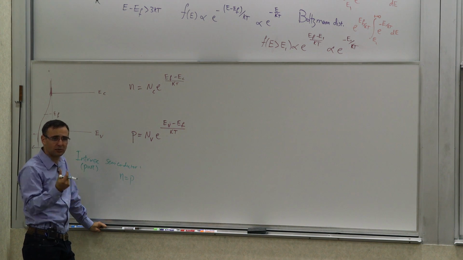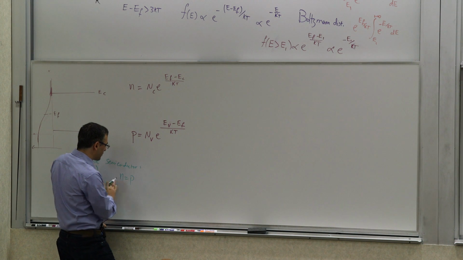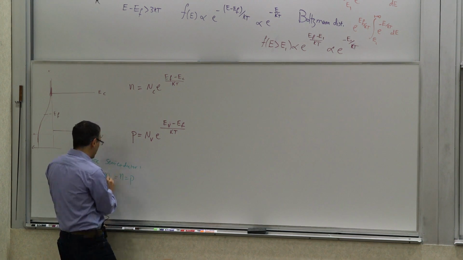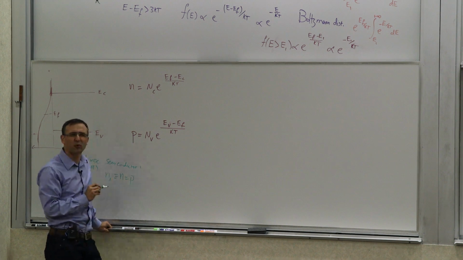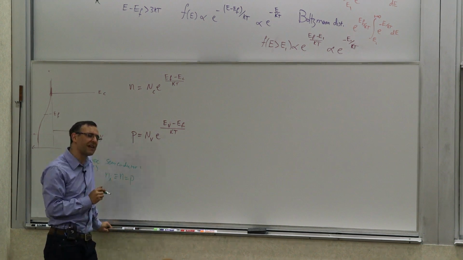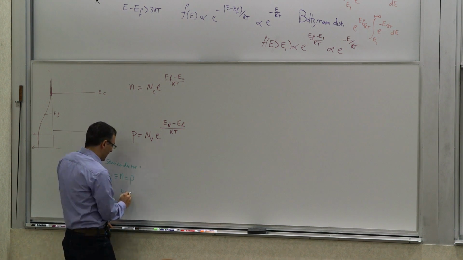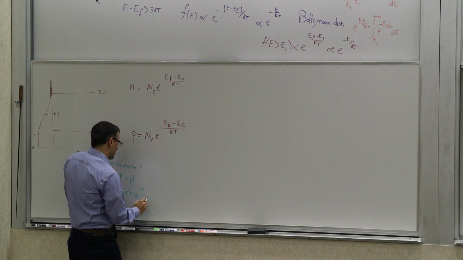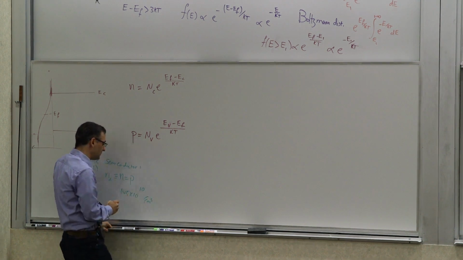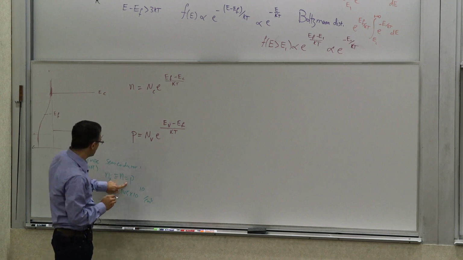So holes and electrons are generated together as pairs, so their numbers have to remain the same. And we call this parameter ni, n intrinsic. It's 1.45 times 10 to the 10 per cubic centimeter for silicon, if I'm not mistaken.